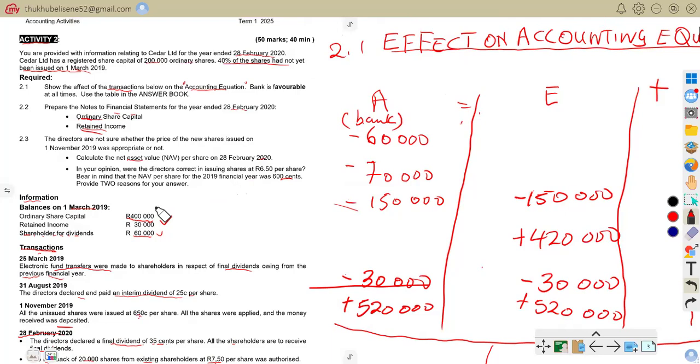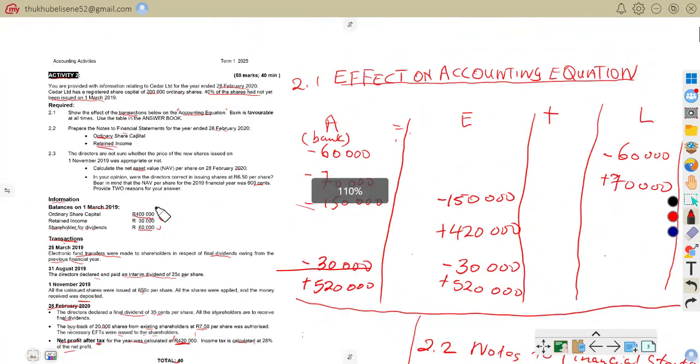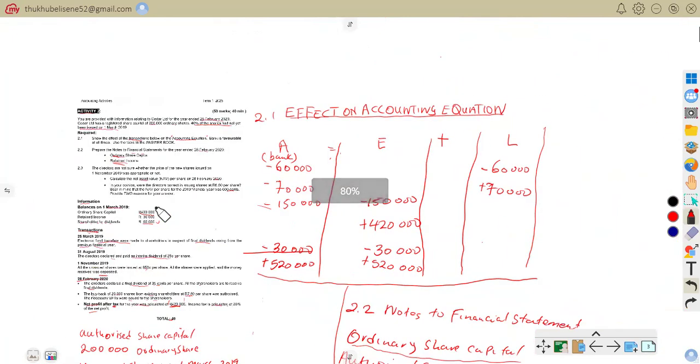So that is that. Now let us go and calculate it. Here we are on 2.3.